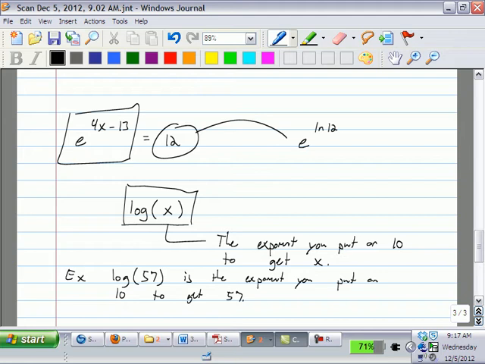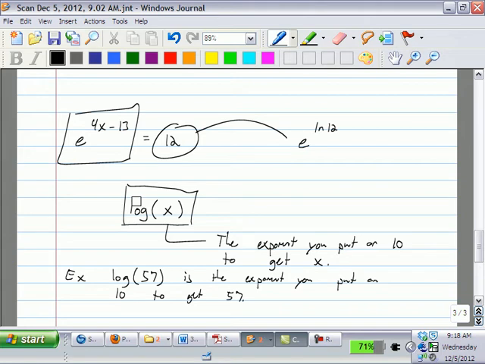What makes you think that? 2 and 3? 1 and 2. Okay, 10 squared is 100 and 10 to the first is 10. So 57 is between 10 and 100. The only thing different here, Jacqueline, is log deals with base 10.